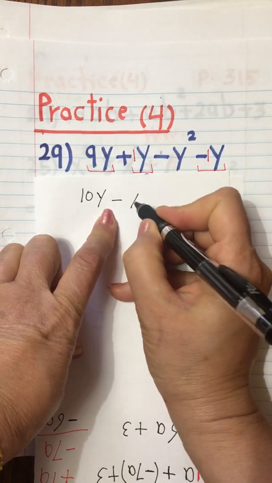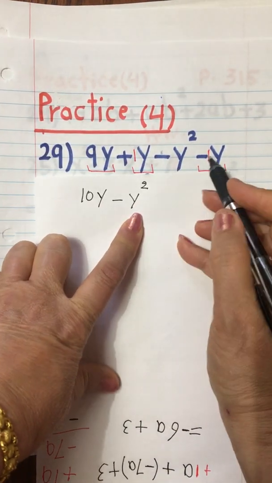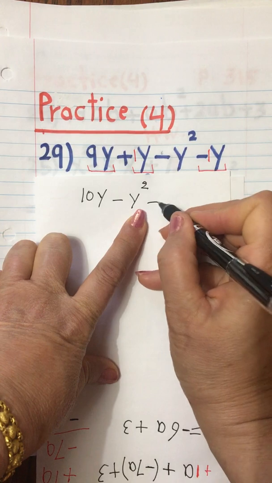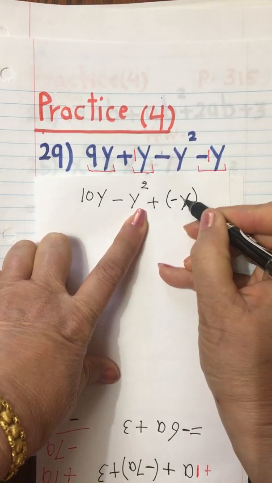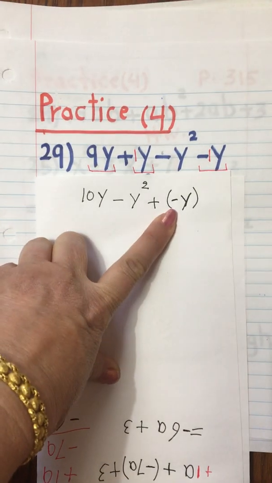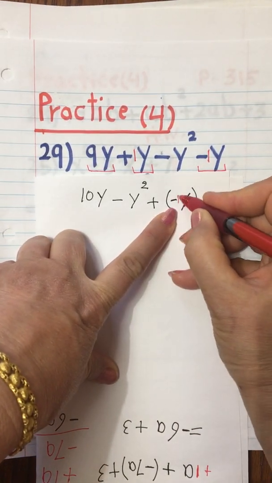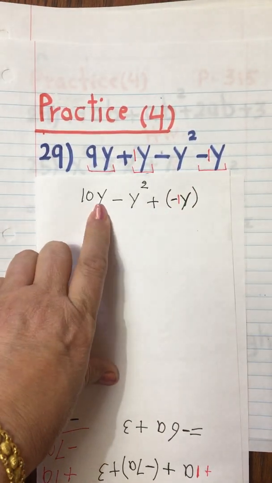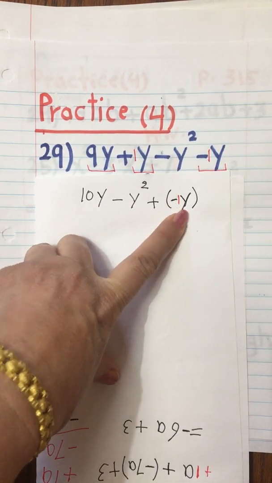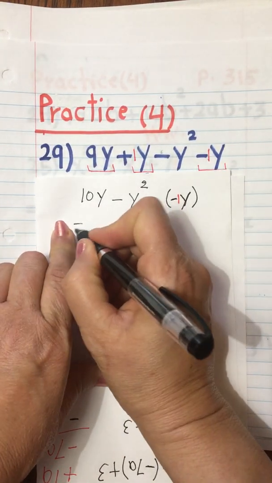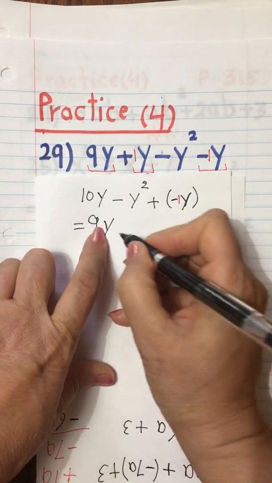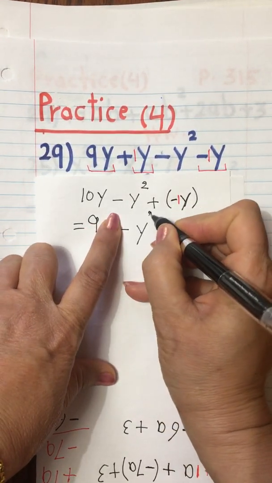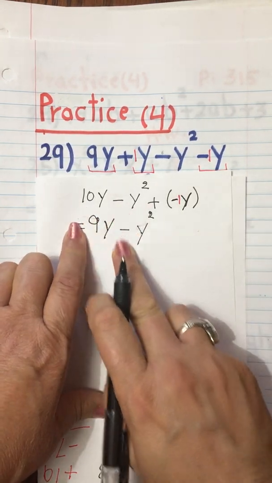And minus y squared, just write it down. And change the negative to a positive, so I'm gonna have negative y. So negative y means negative 1y. So 10y minus 1y gonna be 9y equals 9y. And minus y squared, just write it down.